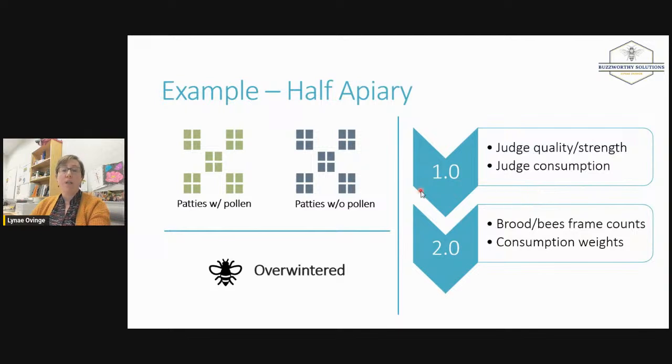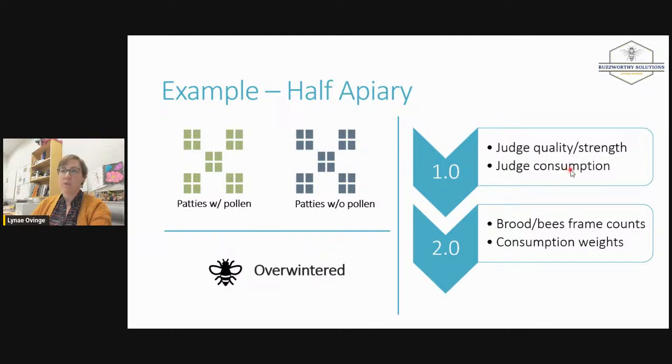Another thing is pollen patties. Let's say we want to look at patties with pollen and compare those to patties without pollen, because they're cheaper. And we're going to do that in half-apiaries. This is a really great design for half-apiaries because pollen varies so much from yard to yard. We're going to try this on some overwintered hives, whether that's singles or doubles, doesn't matter much.